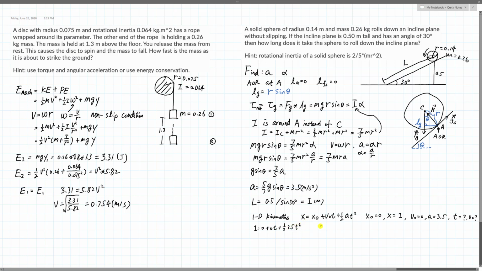So we have 1 equals 3.5 over 2, which is 1.75. So that's the time: t is equal to the square root of 1 over 1.75.